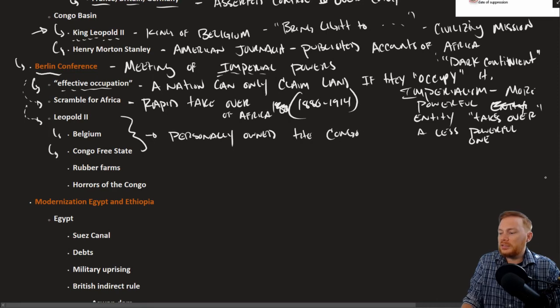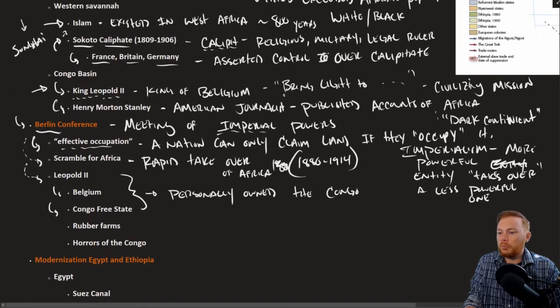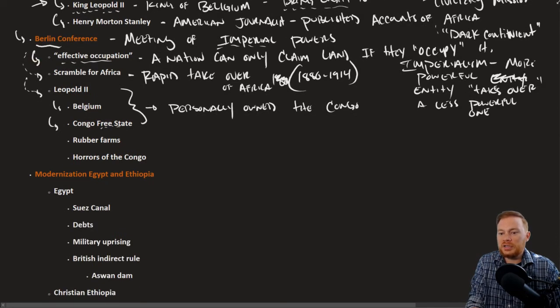And again, this idea that Leopold was to quote unquote bring light just kind of ties in with this name here, the Free State, because that's what the justification was for owning it. What was the reality? The reality was that the Congo was more or less a system of rubber farms or rubber plantations.